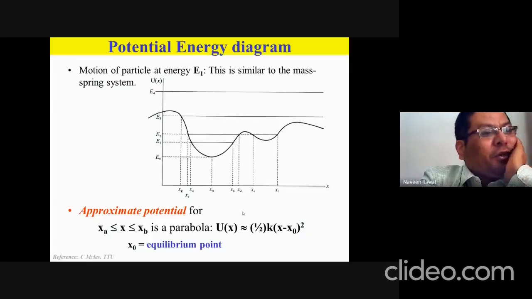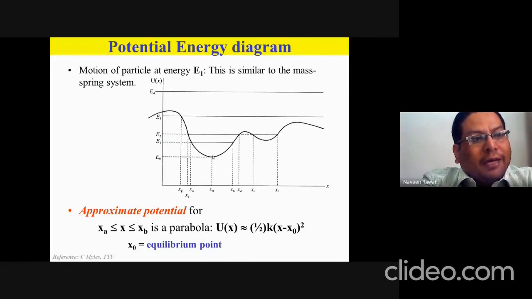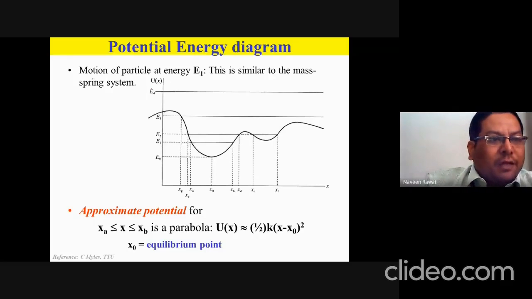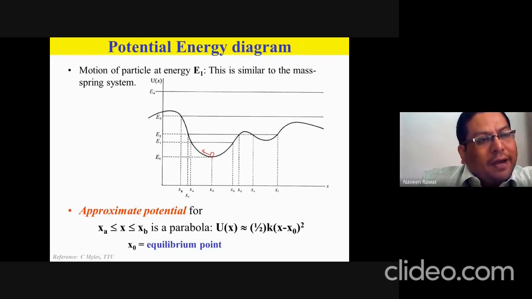Your case of simple harmonic motion is again looking like a parabola. Suppose you have an object at this position x0, and you displace it from this position by giving it some energy, and that energy can come from thermal energy, a magnetic field, or I can kick the object, or a collision, whatever. If it is within this bounded region E1, then it is going to do oscillatory motion.